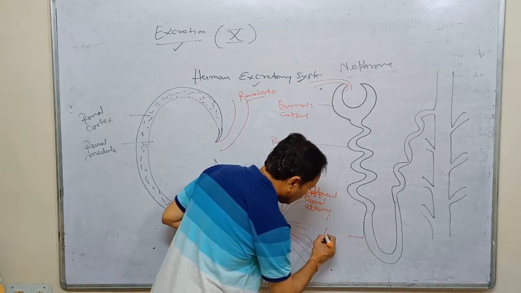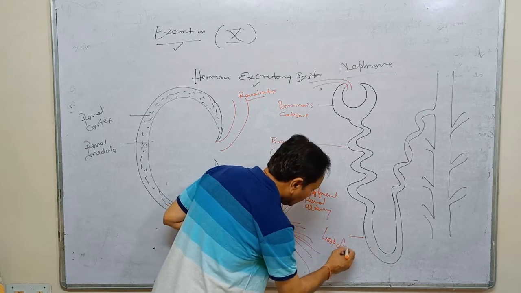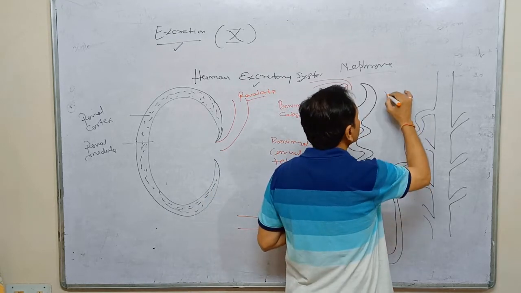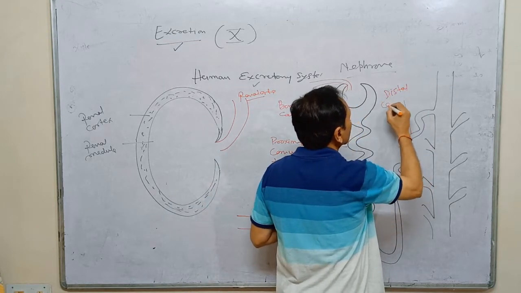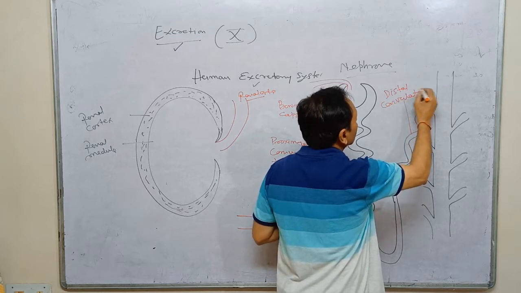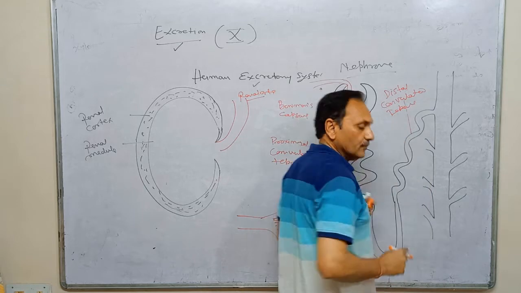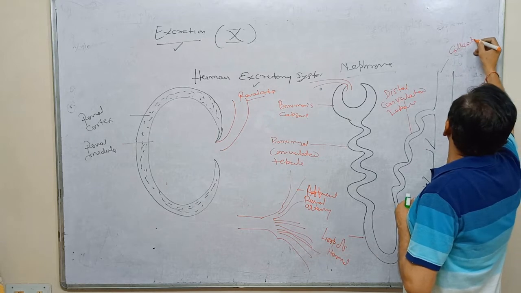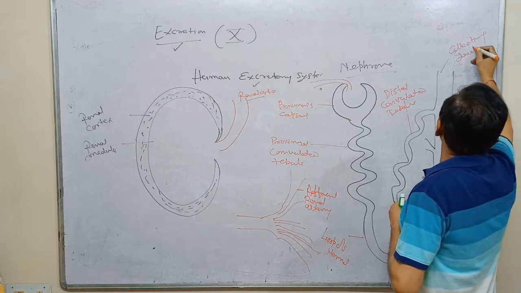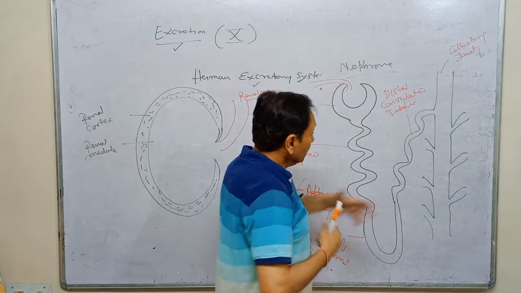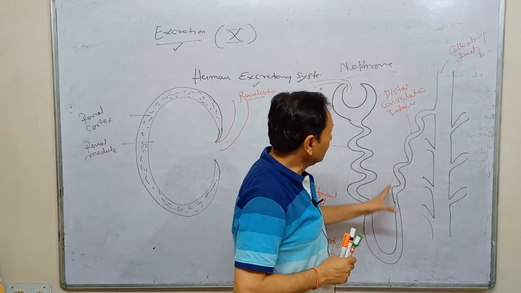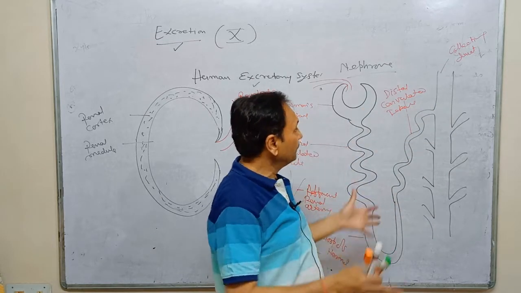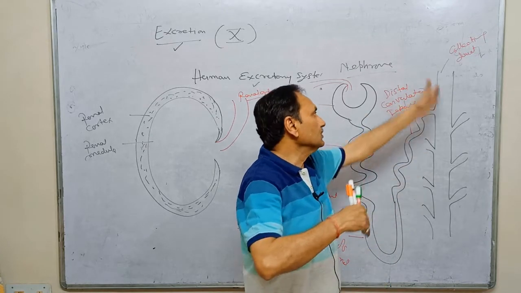This is called loop of Henle, and this is called distal convoluted tubule, and this is called collecting duct. Each and every branch indicates that the distal convoluted tubule is opening inside one collecting duct. It means a number of distal convoluted tubules open into the single collecting duct.